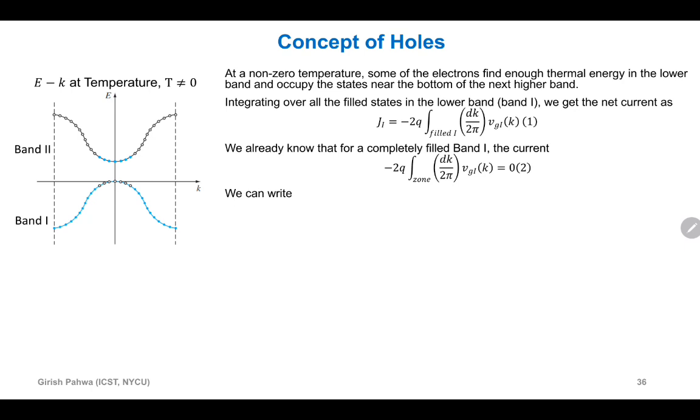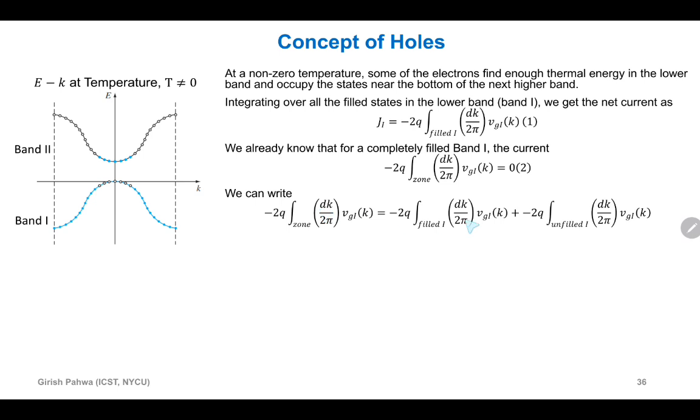So the whole integration can be divided into 2 parts: integration over the filled states plus integration over unfilled states. Correct? This thing is 0, we know that. This thing is my J1.